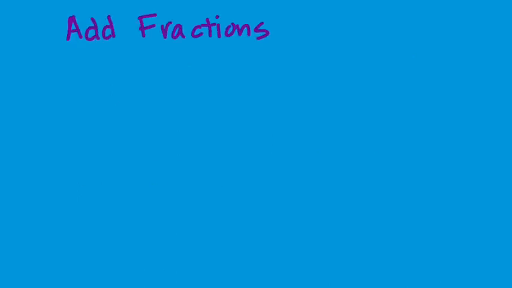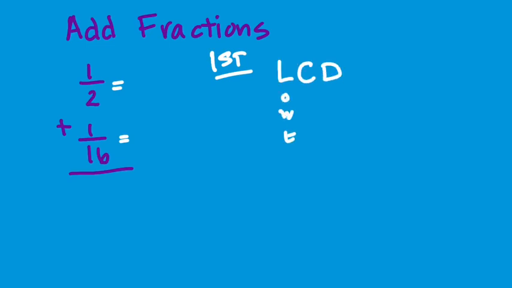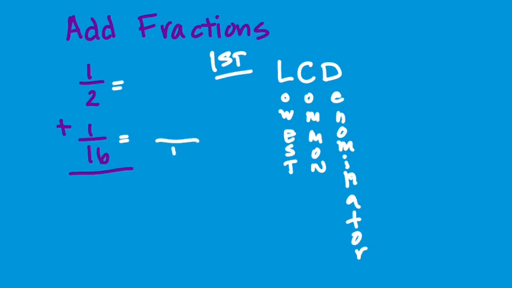So let's remind ourselves how to add fractions. If I have 1/2 plus 1/16, the first thing I need to do is get the lowest common denominator, our LCD, which would be 16. Then to get the common denominator, I get an equivalent fraction.